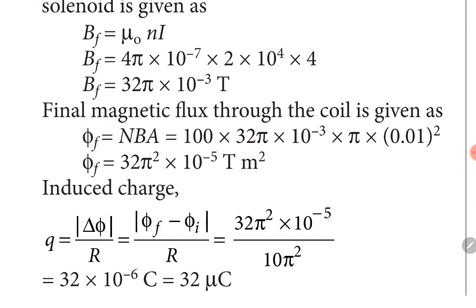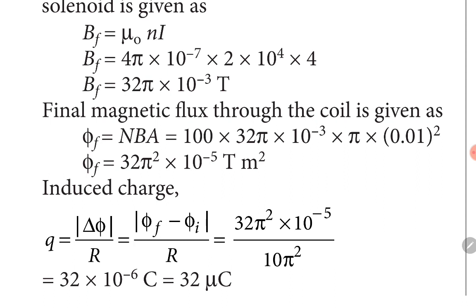Therefore, guys, flux linked through the coil will be given by the equation phi is equal to NBA, where N is number of turns of coil and A is area of coil. Guys, in this case, number of turns of coil have been given as 100 and area of coil can be found by using the equation pi r square, where R is radius of coil which has been given as 0.01 meters.